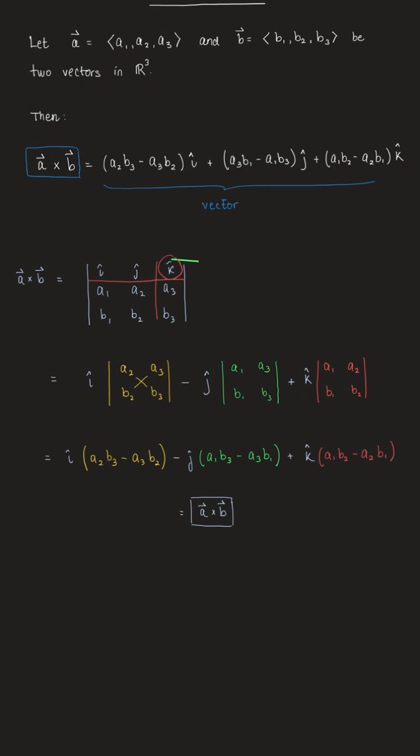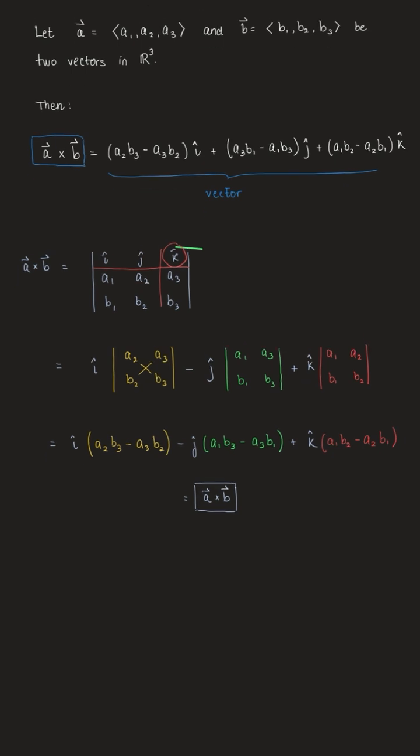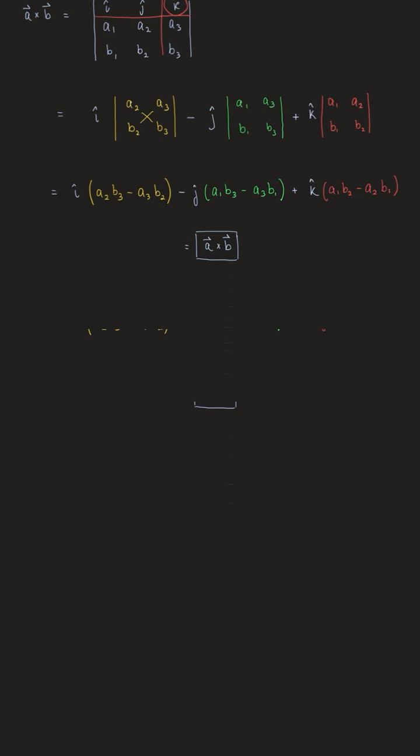So let's practice with an example. We'll just find the cross product between two vectors in space. So let's suppose, for example, that vector A is given by 2, 1, negative 1, and vector B is given by negative 3, negative 2, and 1.